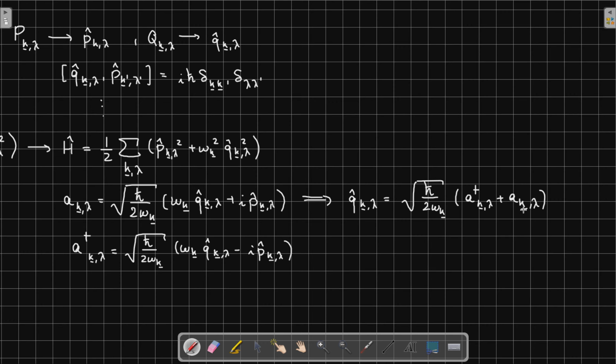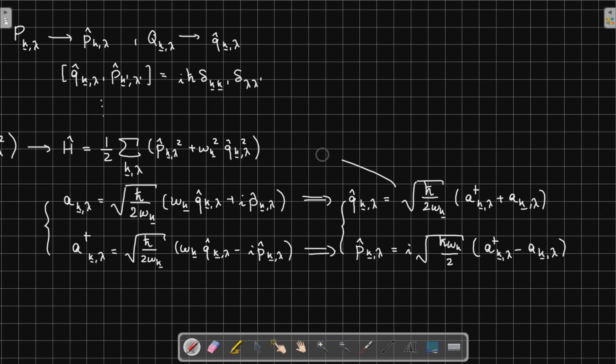And similarly, I can express the momentum operator as i square root of ħω_k over 2 times (a†_kλ − a_kλ). Okay, so I've introduced these ladder operators defined using the canonical position and momentum operators.